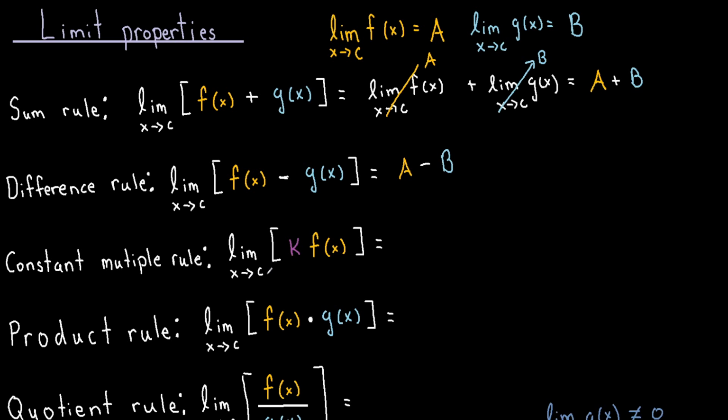Well, according to the constant multiple rule, that's the same thing as writing k times the limit of our function f of x as x approaches c. And this will equal k times a.